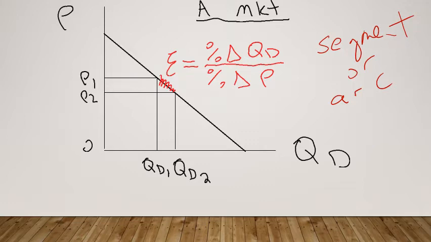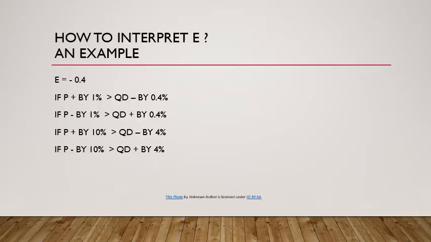In other words, we're looking at a segment of the demand curve, which incorporates the difference between P1 and P2 and between QD1 and QD2. And by the way, it doesn't matter whether we go from P1 to P2 or from P2 to P1. The calculation and the interpretation are going to be identical.